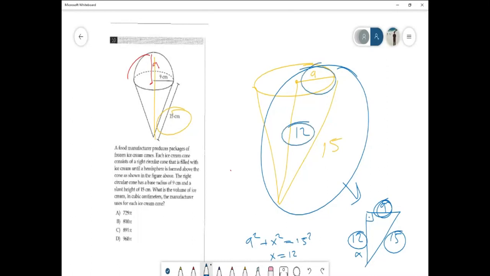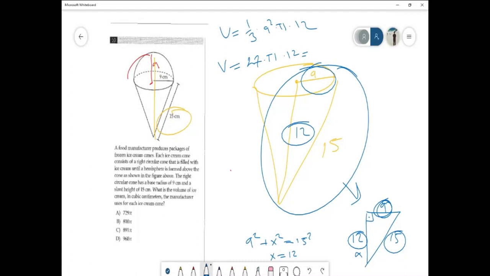This is 9. This is 15. It will be 20. Sorry, 12, right? According to Pythagoras, 9 squared plus x squared is equal to 15 squared, let's say this is x. You can find x as 12 here. So this is 12. You know the height, you know the base or the radius. You can find the volume.